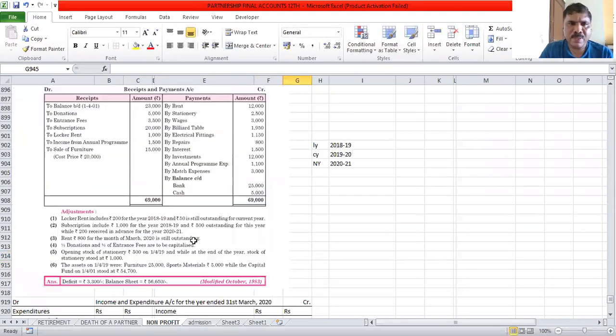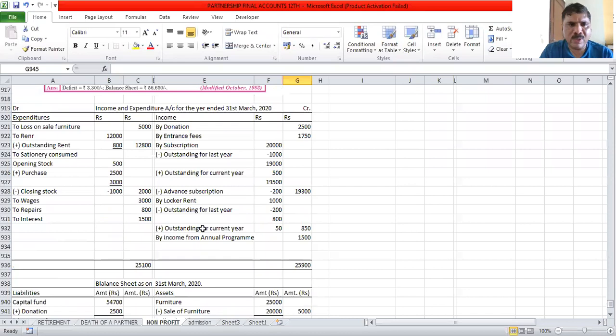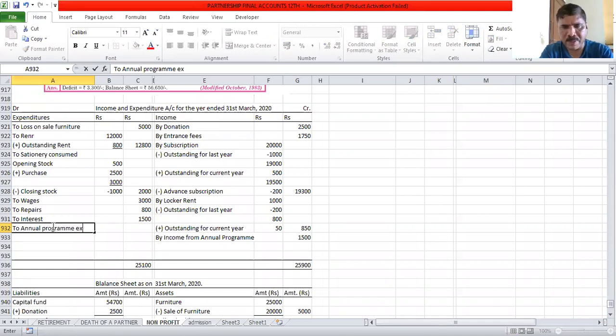Next, after investment, we have annual program expenses. Where will you take it? Expenditure, annual program expenses.